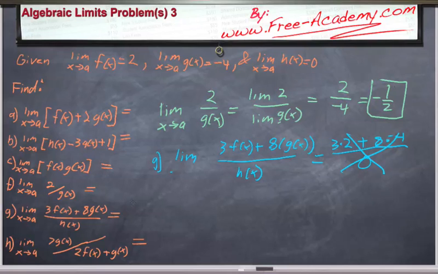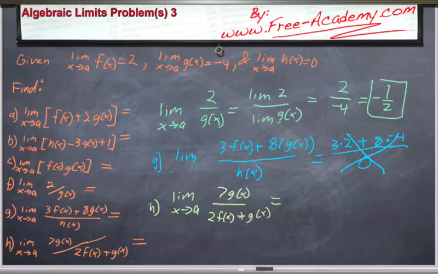Now let's go on and do the final problem, which is H. And we have the limit as x approaches a of 7 times g of x divided by 2 times f of x plus g of x.